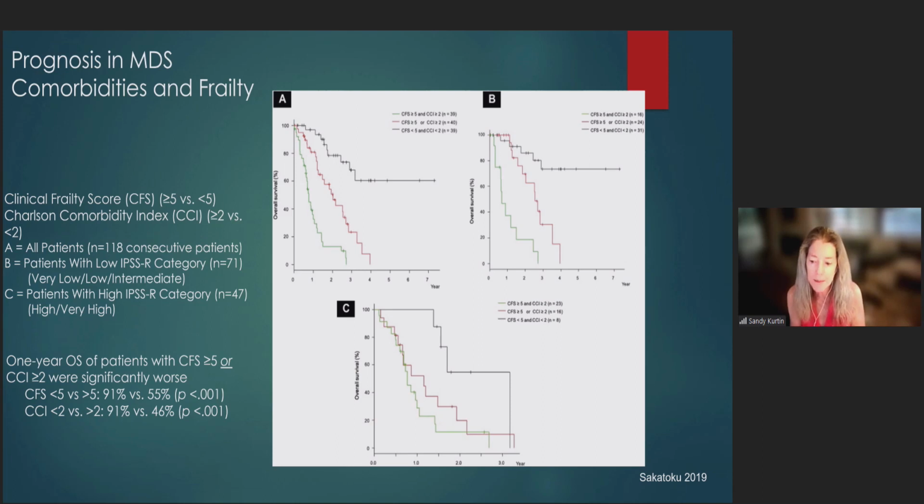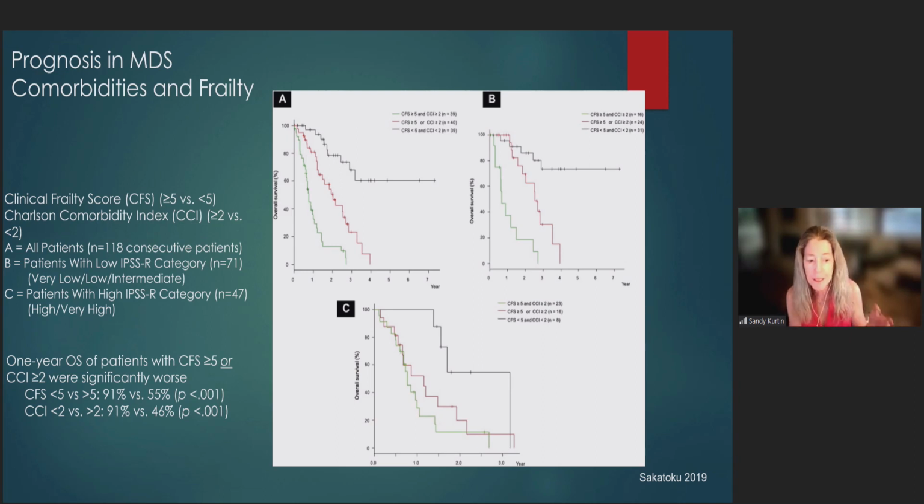And so this is a great paper that really speaks to this, to say, outside of all the things we just talked about, if you just look at frailty and comorbidities, that has implications in terms of overall survival. So this is 1-year overall survival in clinical frailty, either greater than 5 or less than 5, and Charlson Comorbidity Index, either greater than 2 or less than 2.